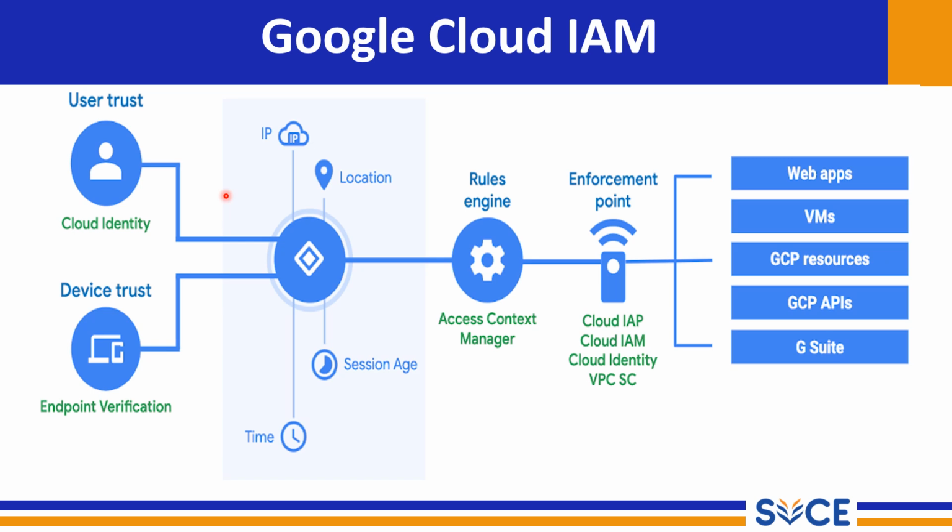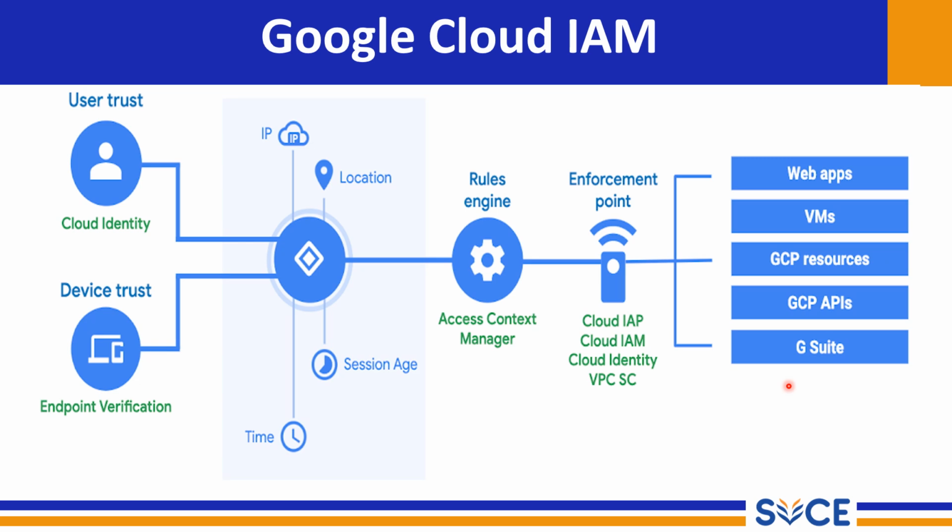Google Cloud IAM then works based on the location and other attributes. From there, the access context manager, by means of a rules engine or enforcement platform, comes into play, and through the enforcement point, Google Cloud IAP, Cloud IAM, or Cloud Identity VPC SC can access the web apps, VM, GCP resources, GCP API, and G Suite.